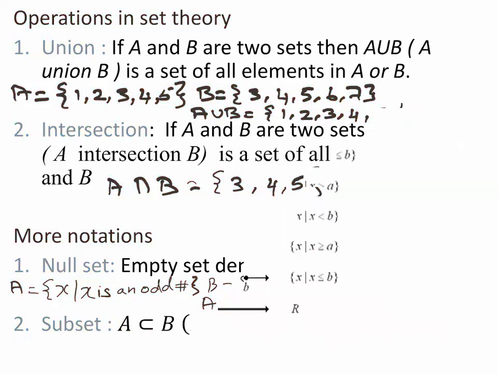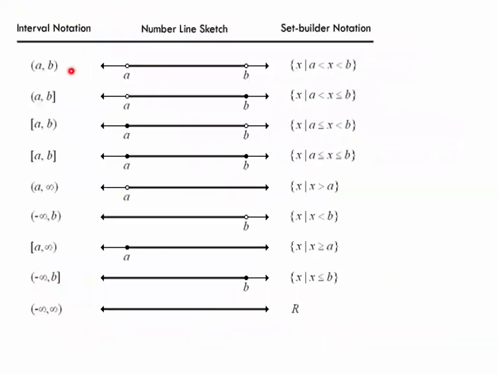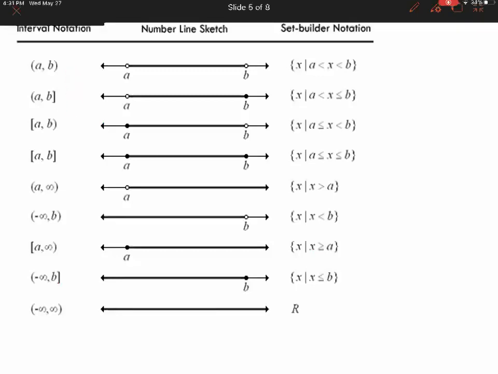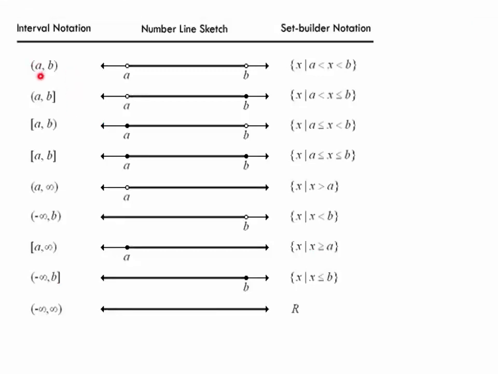Subsets of real numbers are basically intervals. So we denote intervals in this way as listed here. The first is an open interval a comma b. You can plot them on the real line like this. This is an interval which has all the elements between a and b but not including a and b.